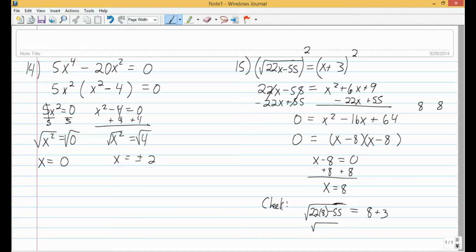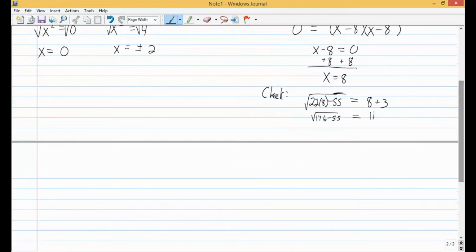So that's the square root of 176 minus 55 equals 11. Or the square root of 121 equals 11. And it does. The square root of 121 is 11. So it checks out. So that means that my solution for that one is x equals 8.